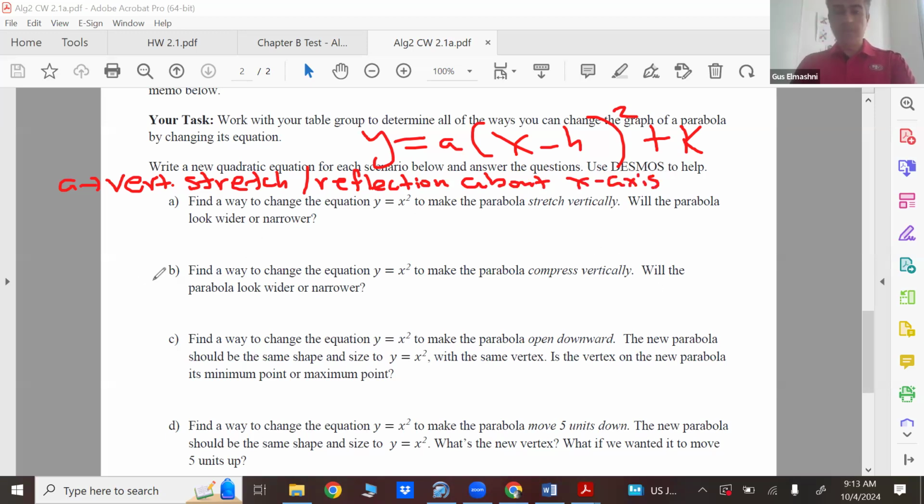H gives me a horizontal shift. And K gives me a vertical shift.